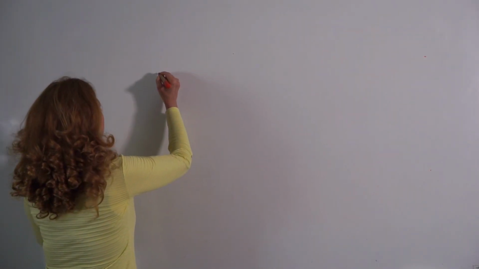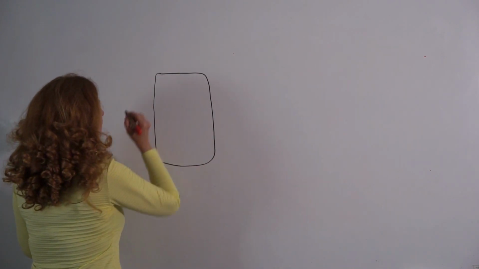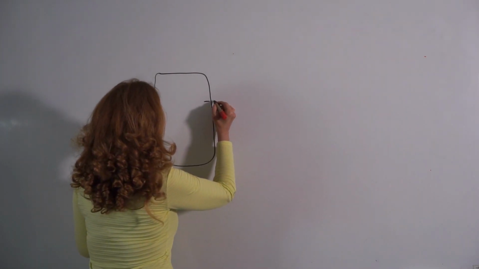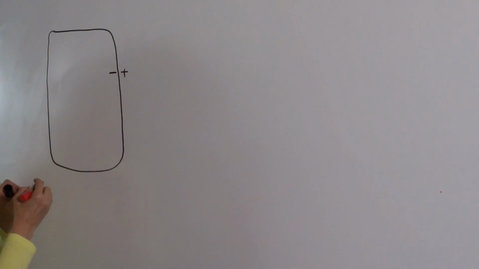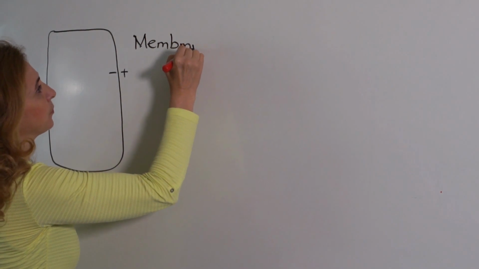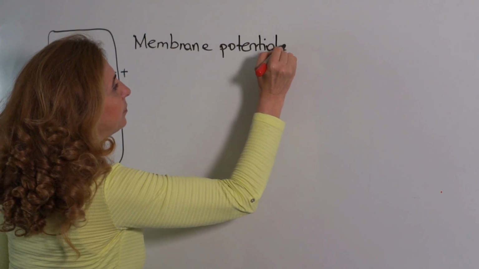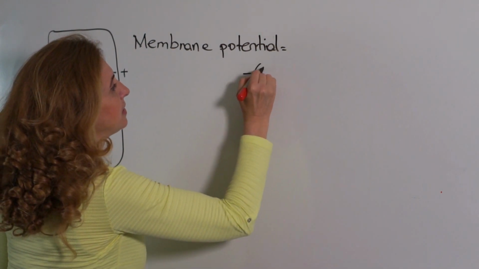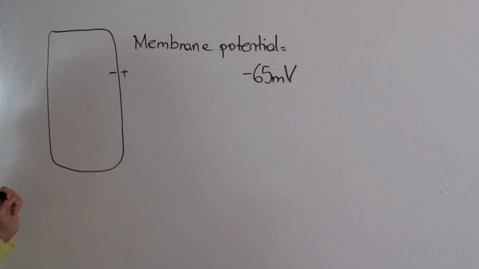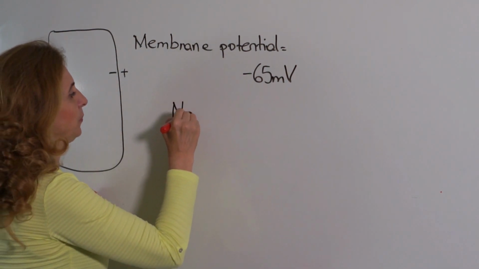Let's say we have a cell here, and let's give a number to the membrane potential of this cell, inside being negative, outside being positive. Membrane potential in our example is minus 65 millivolts. What were the Nernst potentials of potassium and sodium?